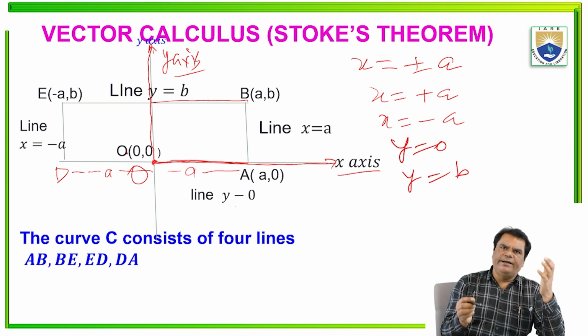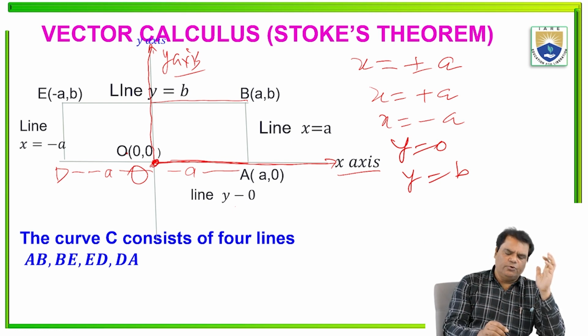So now our point starts from O. O to A, that is a comma 0. Then A to B, this is a vertical line, so a comma b.